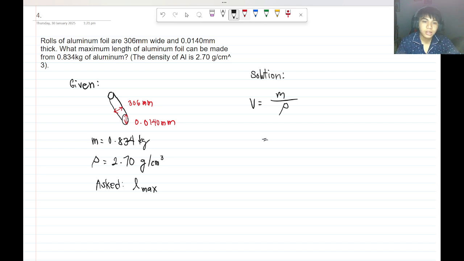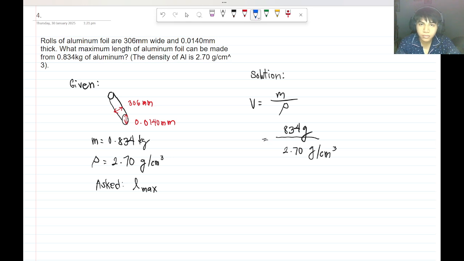And since it's easier to just convert this 0.834 kilograms to grams instead of turning it into kilograms per cubic meter, it's easy. I just multiply the value by 1000. So this is 834 grams over 2.70.